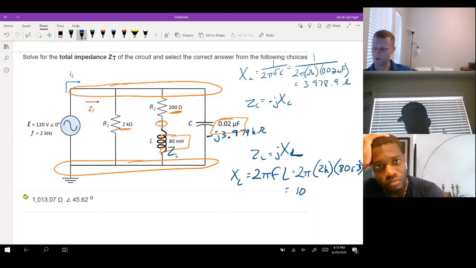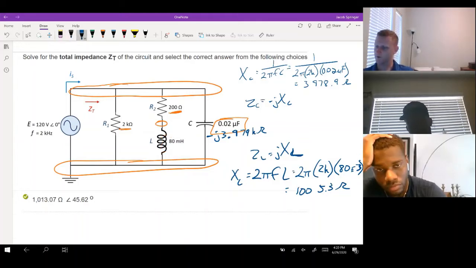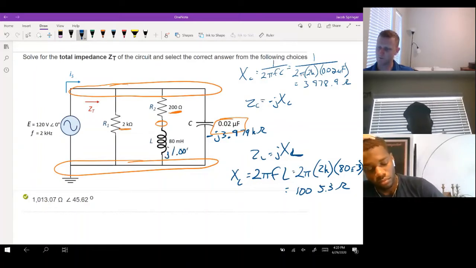And I get 1005.3 ohms. So over here, I'd write j 1.005 kilo ohms.